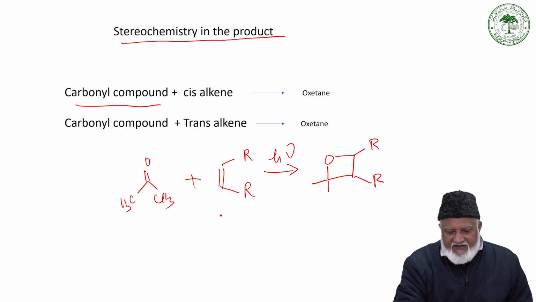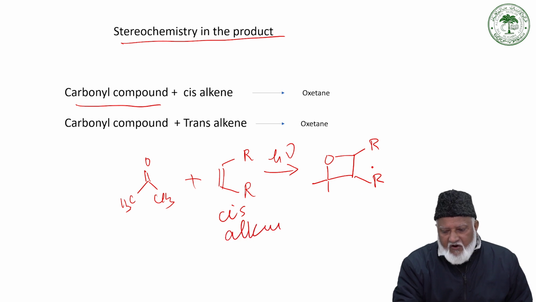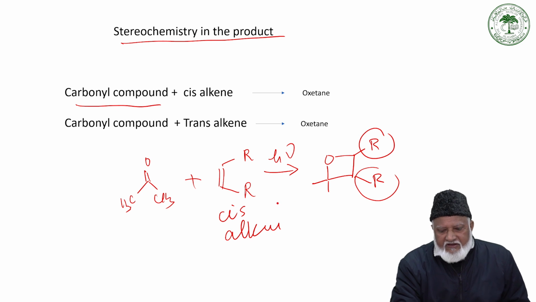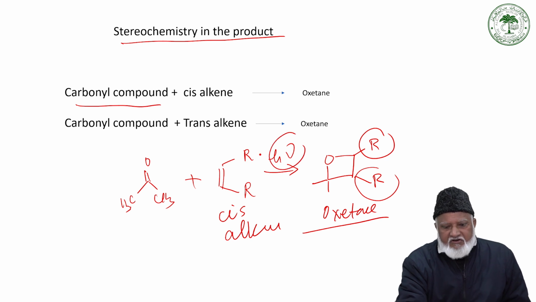Now this is a cis alkene, and what is the stereochemistry of this alkene in the product? This is the oxetane product which is formed under photolytic conditions on reaction of a carbonyl with an alkene.